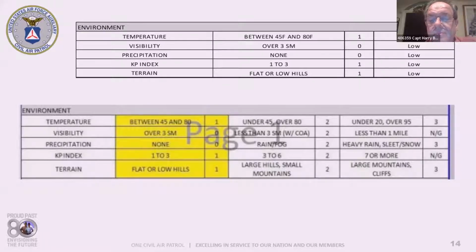We need to make sure that we're not going to overheat in the air either, right? So if we're under 20 degrees or over 95, then we're a high risk. So for example, on the weekend when we were flying the mission, we were under 45 because it was only 31 out there.